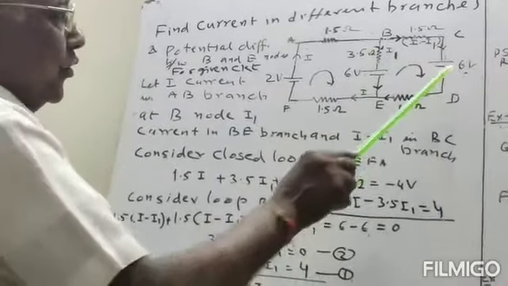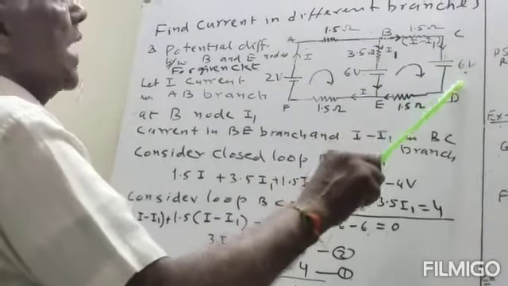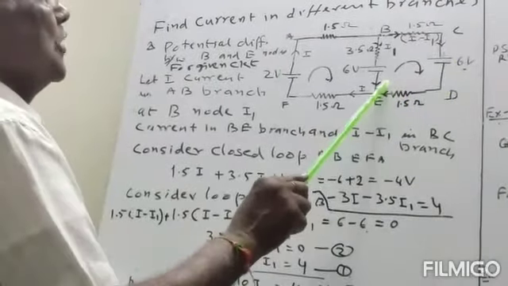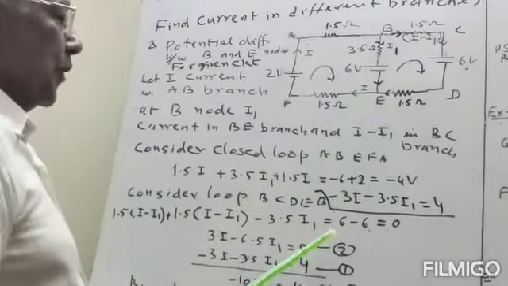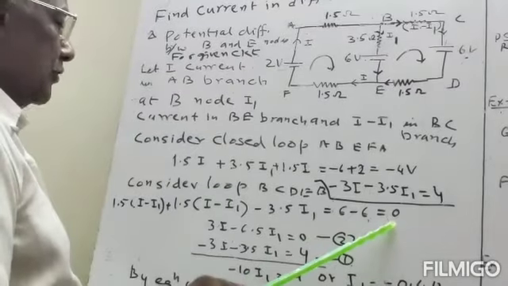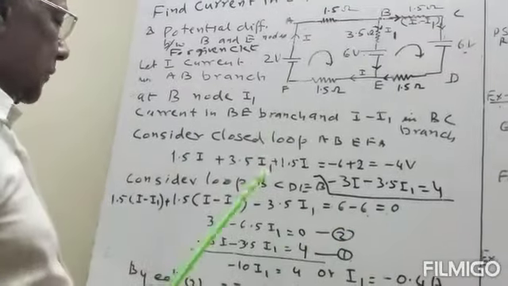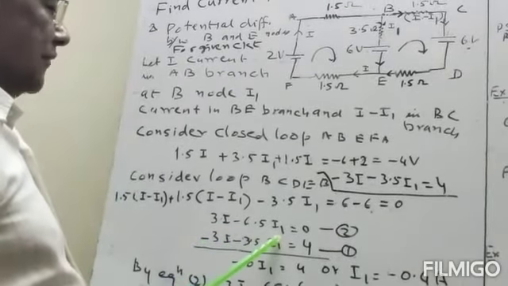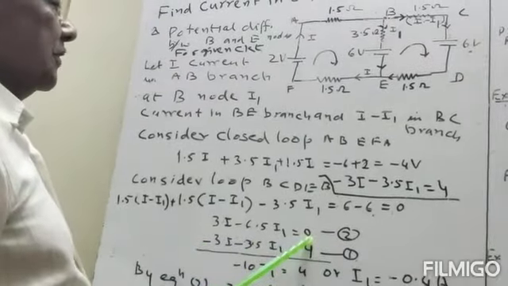This will be equal to minus 6 because it is going from plus to minus, and going minus to plus 6. So plus 6 minus 6, this will be equal to 0. So this equation will be 3I minus 6.5 I1 is equal to 0.